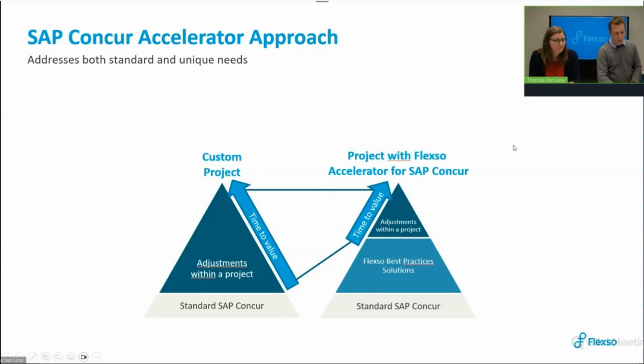But typically, and then we're looking at the right-hand side of the screen, the second pyramid, is where we actually use the Flexo best practices. We use our knowledge, because we've been a Concur partner since the very beginning. We have built a kind of accelerator that can be used to have our customers serve on the best practice wave, where your time to value will be decreased.